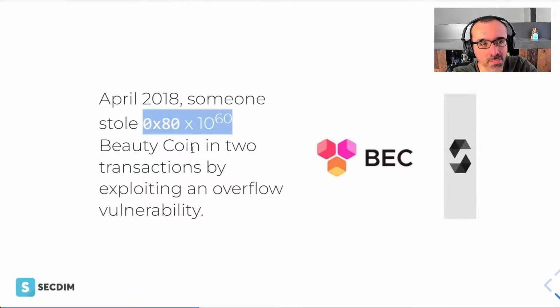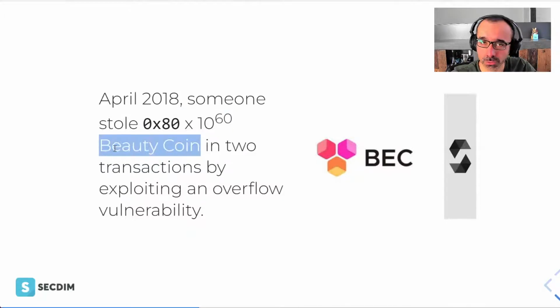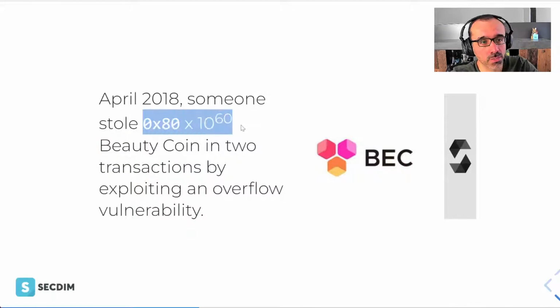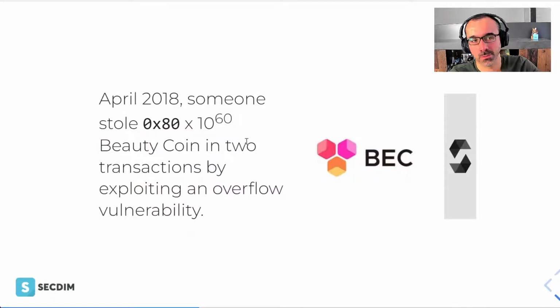Obviously, there has been some value for this coin in the network, but this number here is quite huge. So you can even think 1 with 60 zeros in front of it, in two transactions, by exploiting an overflow vulnerability.